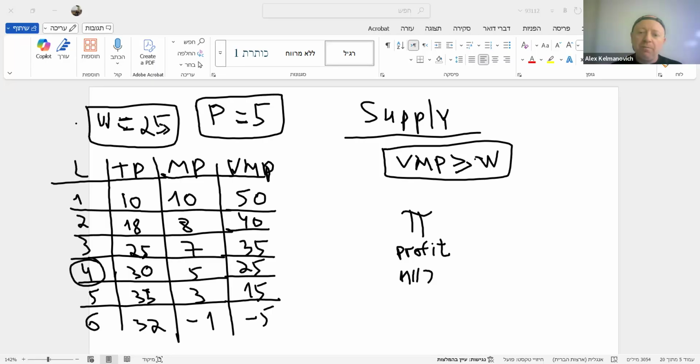Revach is profit. So how do we calculate the profit? So the profit is our income minus our costs, right? So income, we call it in economics TR, which is total revenue.